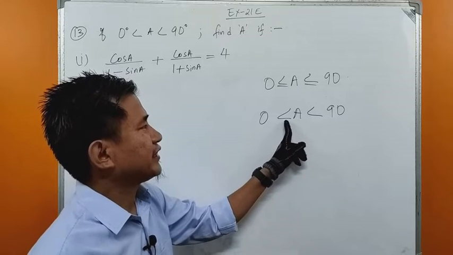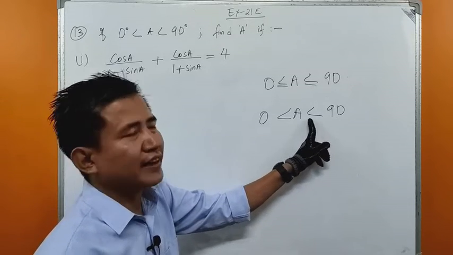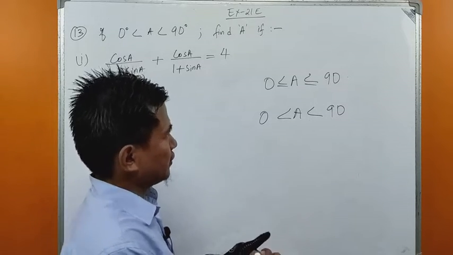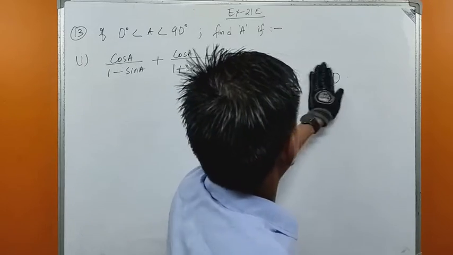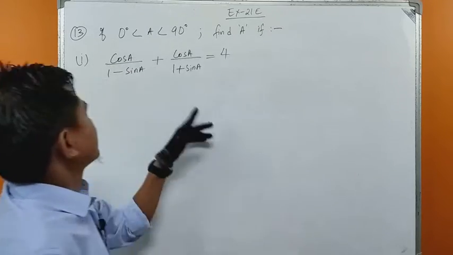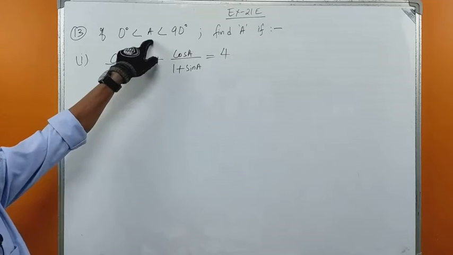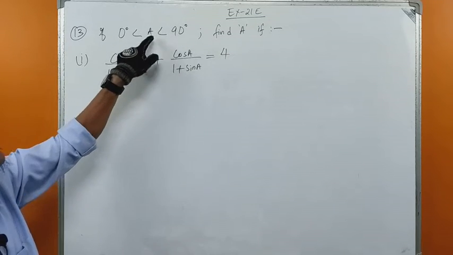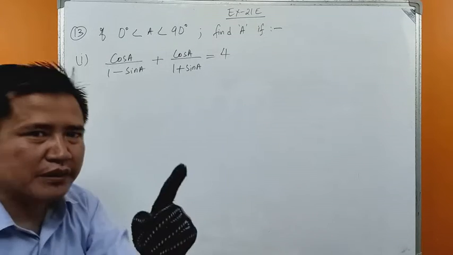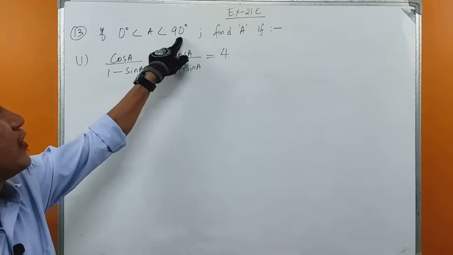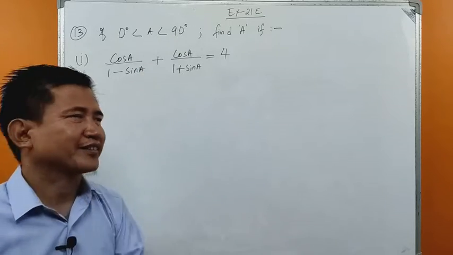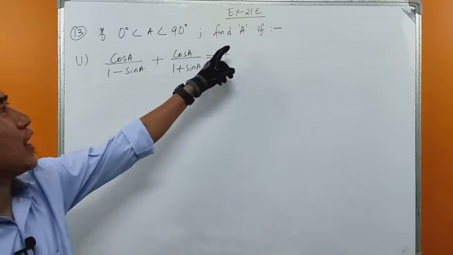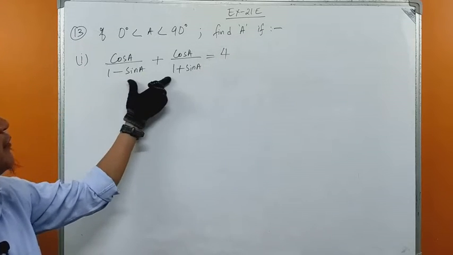Angle A is either greater than 0 degree or less than 90 degree, not equal to, okay? So we must keep this in mind. This is the given condition to us. Angle A should lie in between 0 degree and 90 degree. Angle A cannot be 0 degree, must be greater than 0 degree, and cannot be 90 degree, must be lesser than 90 degree. So we are asked to find the value of angle A from this equation.